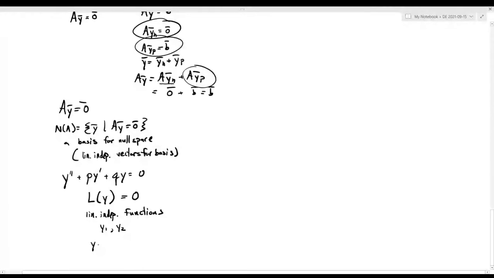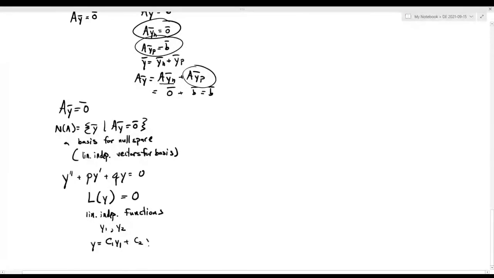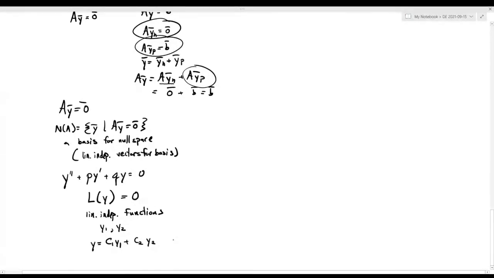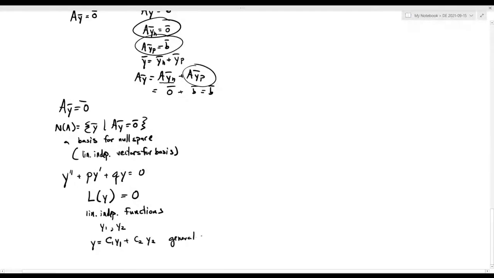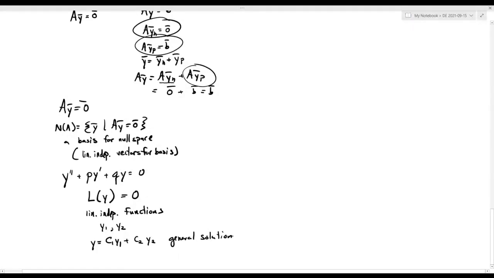And then a general solution will just be any combination, so C1 and C2 are numbers, arbitrary constants. So this would be a general solution. So a linear combination of the independent functions satisfying our equation will be a general solution to this homogeneous equation.